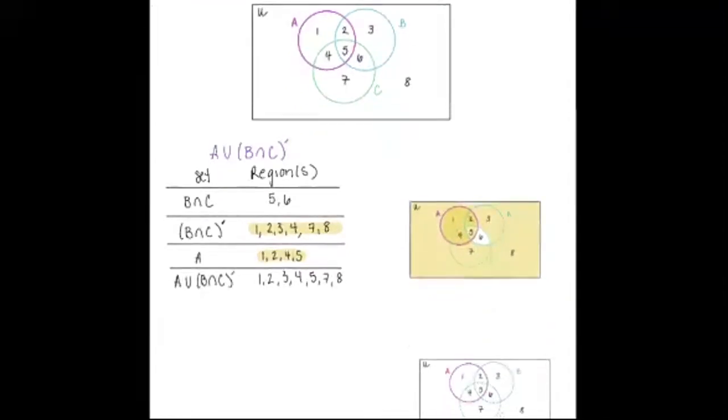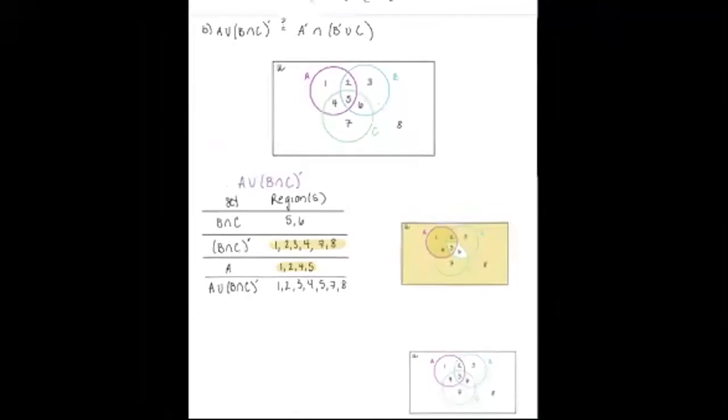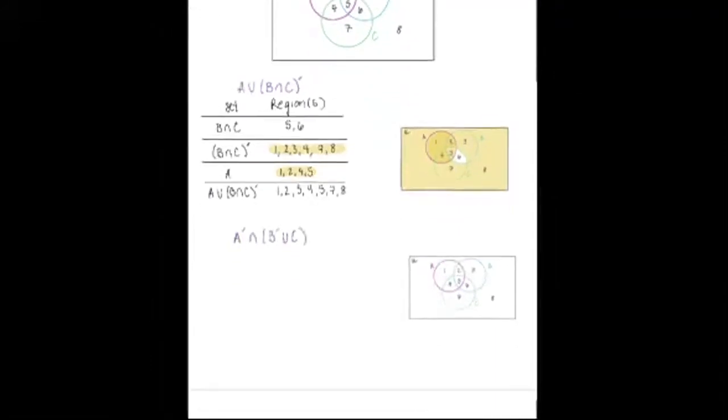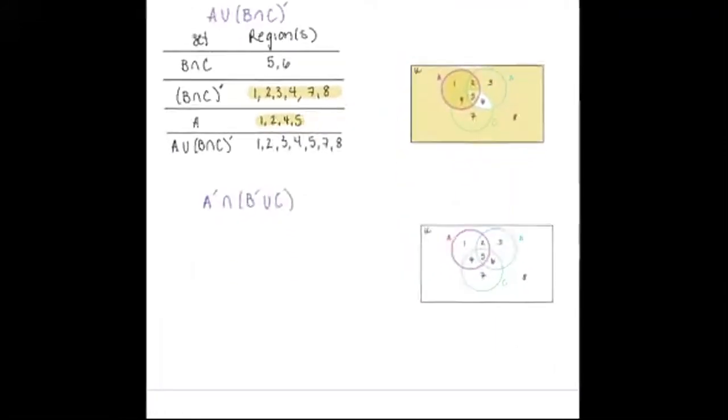Okay. Now we're going to do the same thing with the other set. A complement intersect B complement union C. And so we're going to look at the set and the regions we're talking about. So we've got a lot to find here.